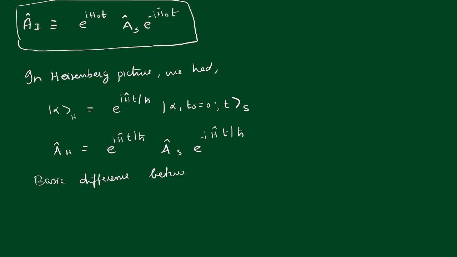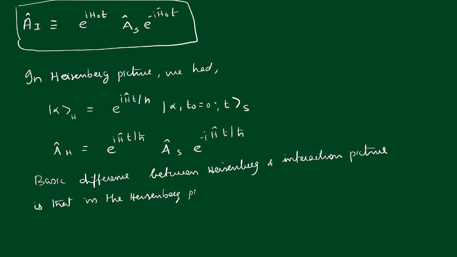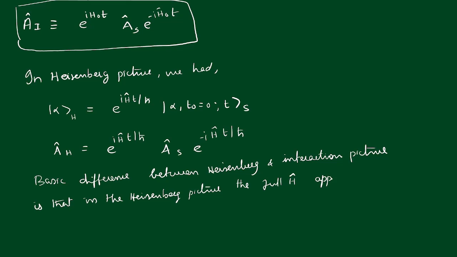So the basic difference between the Heisenberg and interaction picture is that in the Heisenberg picture the full Hamiltonian appears, and in the interaction picture only H0 appears in this relation.